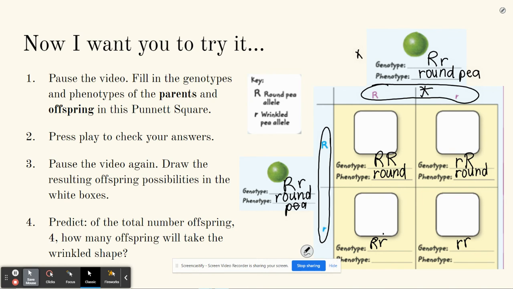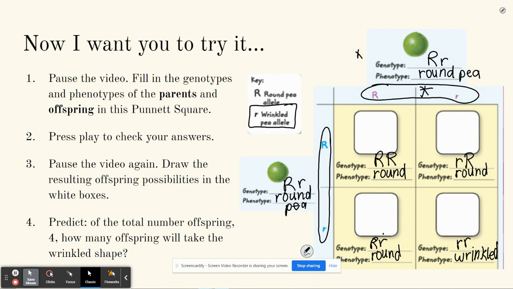Then down here at the bottom, I once again have one of each, so I'm going to go with the dominant round pea shape. And over here in this bottom right box, I now have 2 little r's, which means I actually get to go with that recessive shape, which is going to be a wrinkled pea. The only time I actually get to go with a recessive is when I have 2 of those alleles.